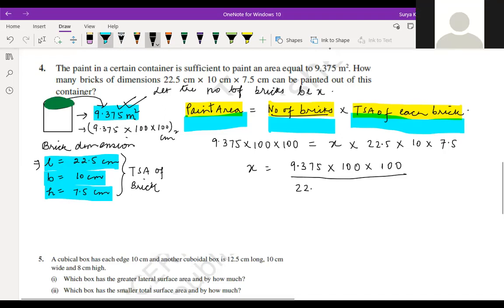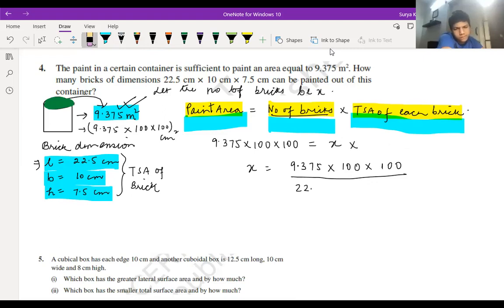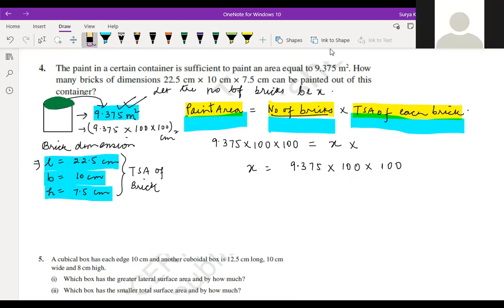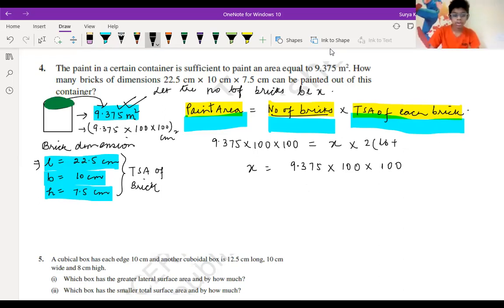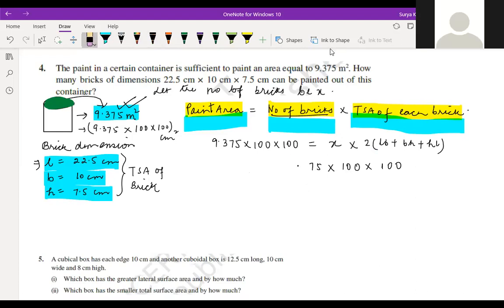Achha, then here we should not use that. Sir, you took the volume. Yes, this we should not take. So first we have to find TSA. TSA means 2 LB. So that's what I took, sir. TSA I took. Sir, so we shouldn't multiply it with 9.375. We should just leave it as is. Yeah, don't multiply. Don't make it complicated. Oh, okay.